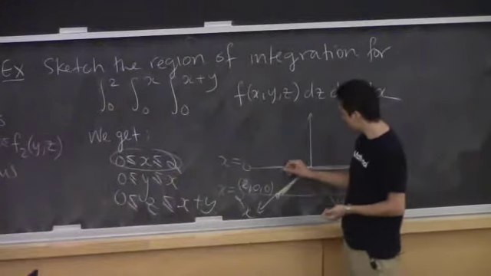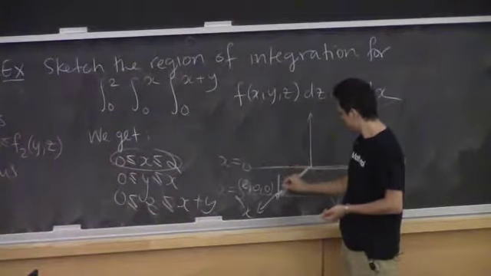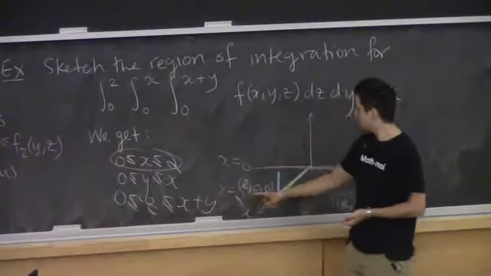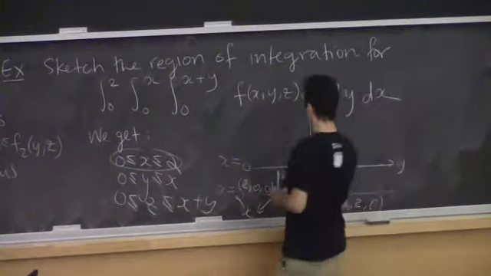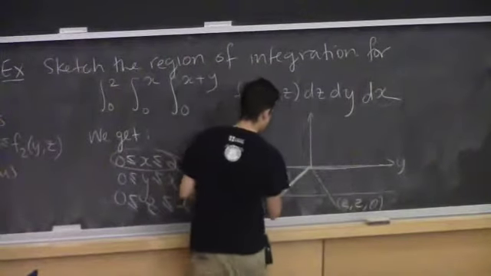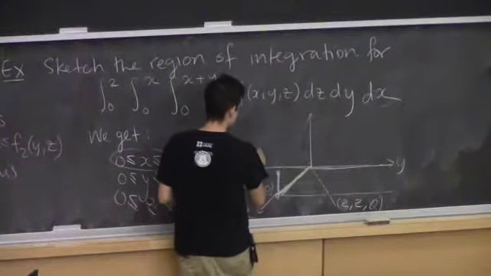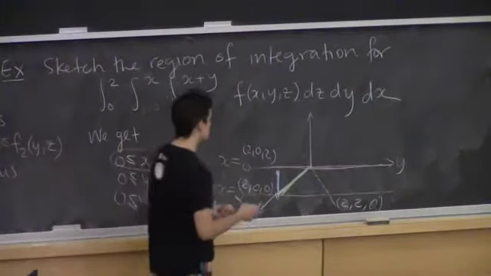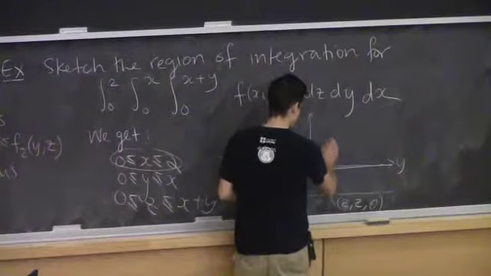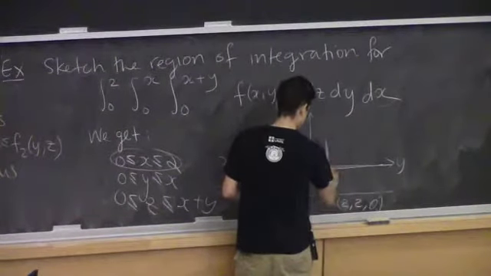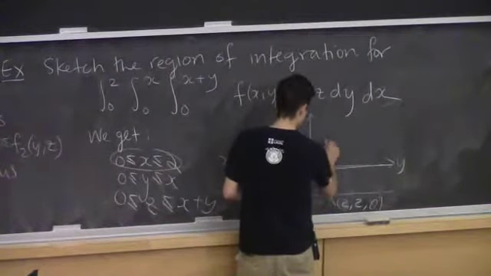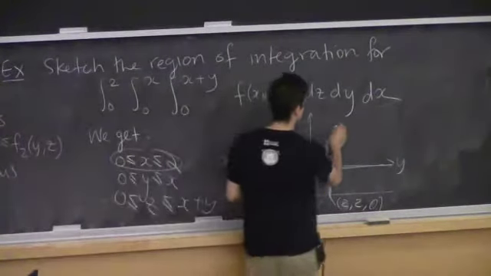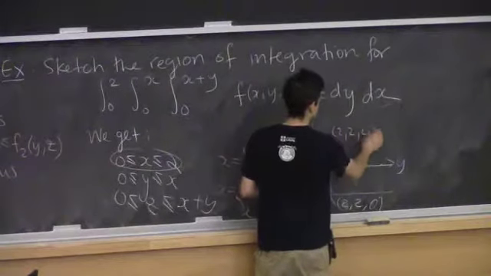So above this vertex, we're going to go up to x plus y, which will be 2 plus 0. So this vertex will be 2, 0, 2. And then over here, we're going to go up a fair bit higher. Okay, above this vertex, we go to 2, 2, 4.